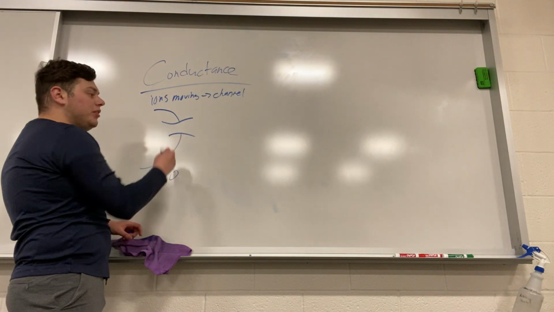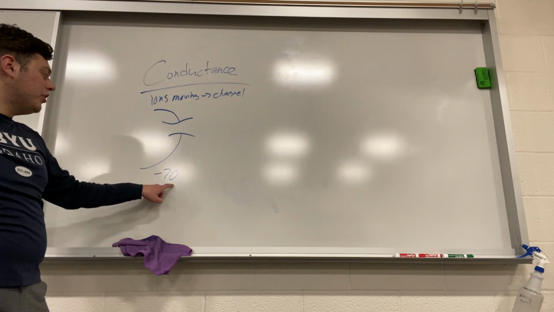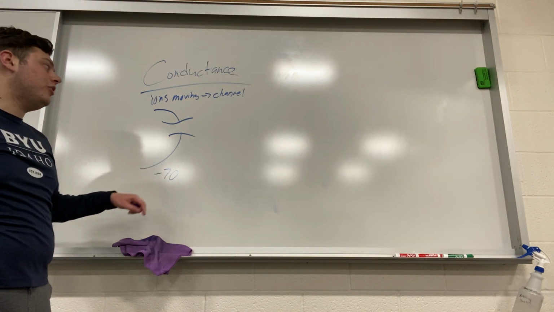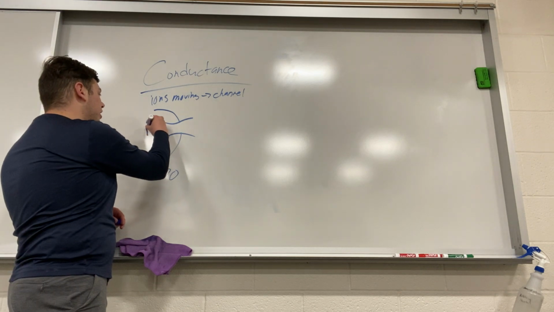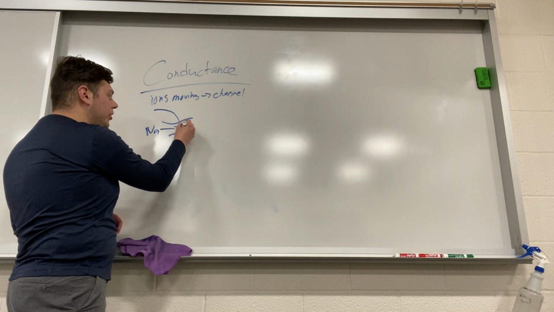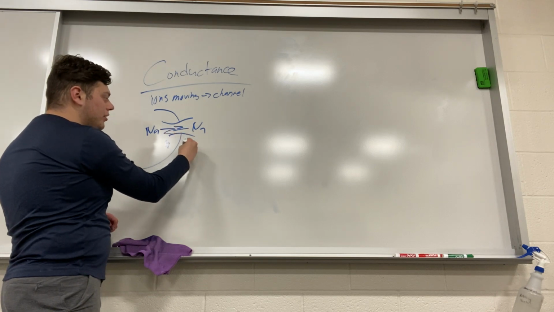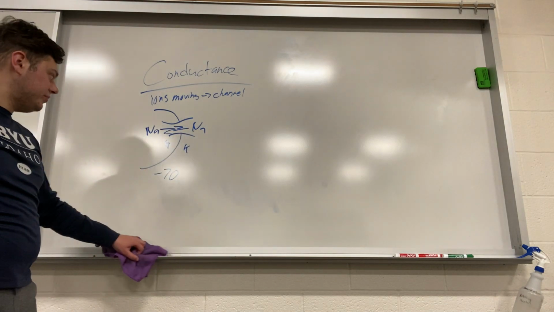But it's very important. Conductance focuses on the voltage of this cell and this channel. So at -70, Nas would be more powerful and would go in and out freely and would push Ks out of the way. So Ks would not be able to go through.